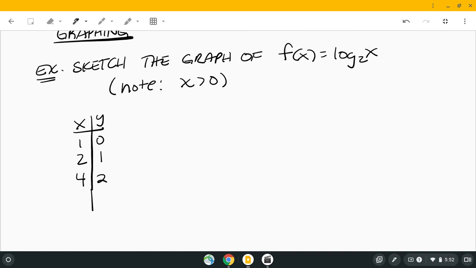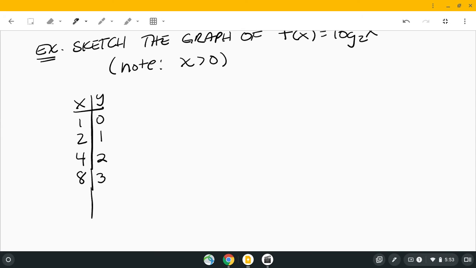I'm not going to choose 5, 6, or 7 because none of those are powers of 2. 8, I could choose 8. 2 to what power is 8? That would be 3, but I probably don't want to go higher than 8.